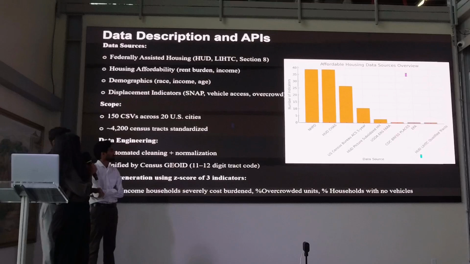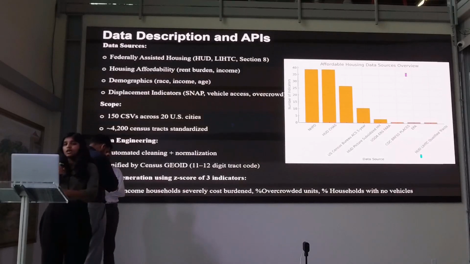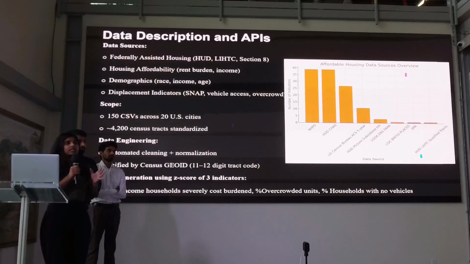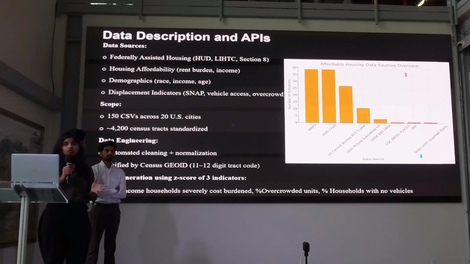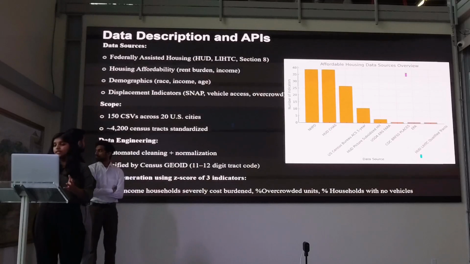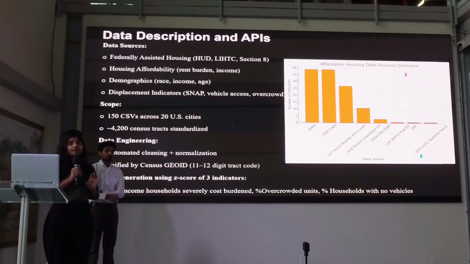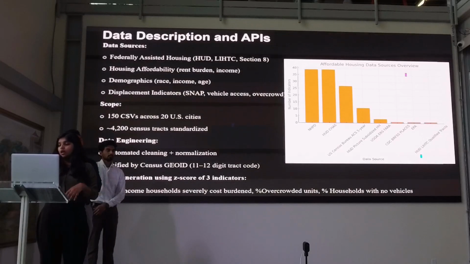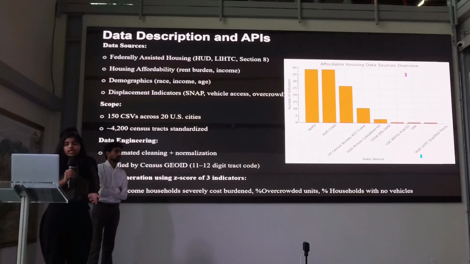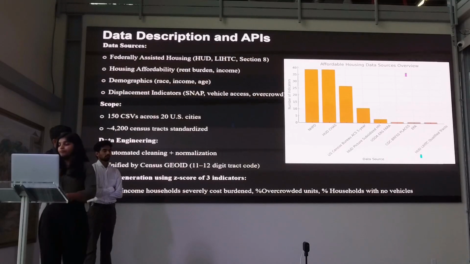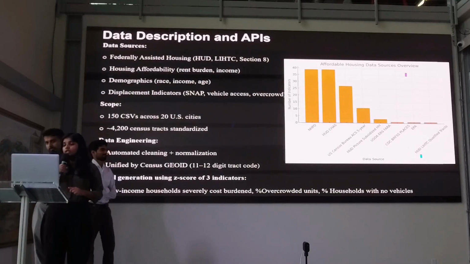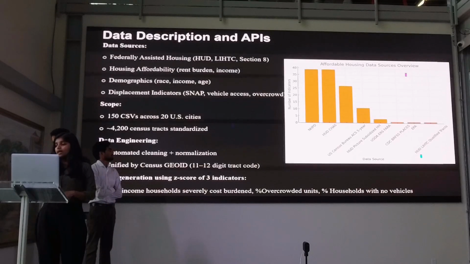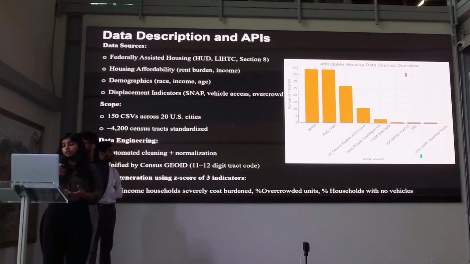Coming to the data description and APIs, we took our data from several sources, mainly housing and demographic data sets. We used information on federally assisted housing programs like HUD, plus data on rent, income and overcrowding. In total, we worked with around 150 CSV files and 4,000 census tracts.